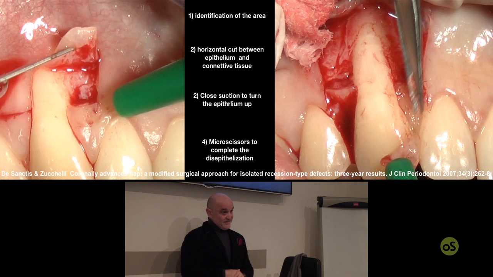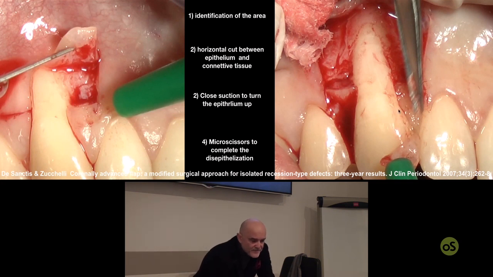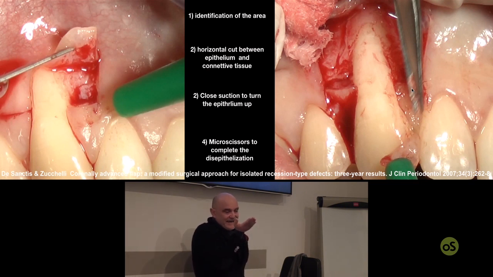really critical for advancing the flap, because now you have an anatomic papilla that provides you a very, very nice vascularized connective tissue bed for the inner aspect of the surgical papilla, which also has as little connective tissue as possible.